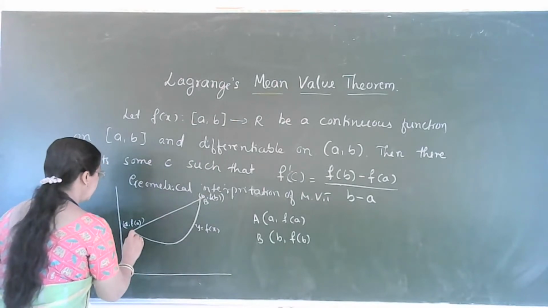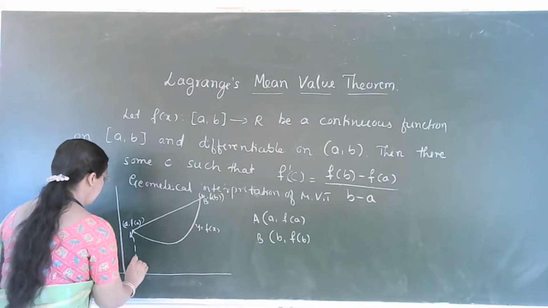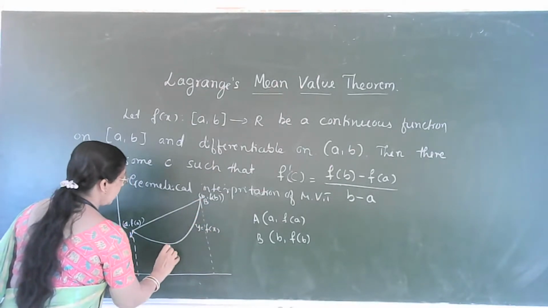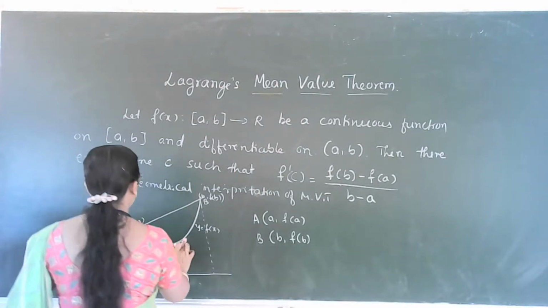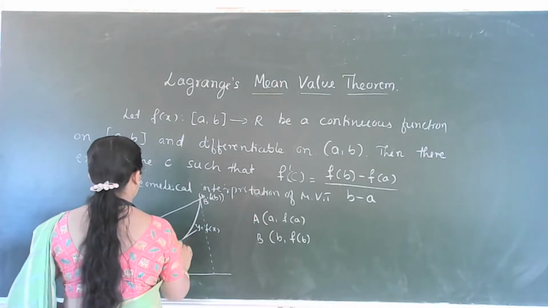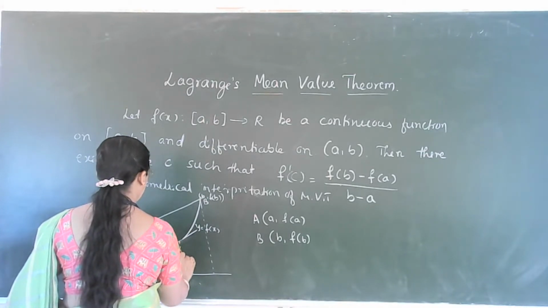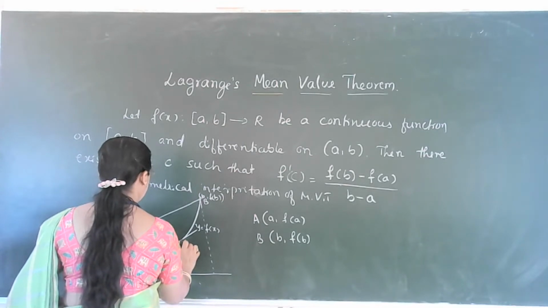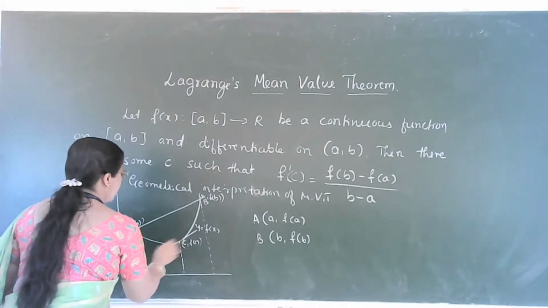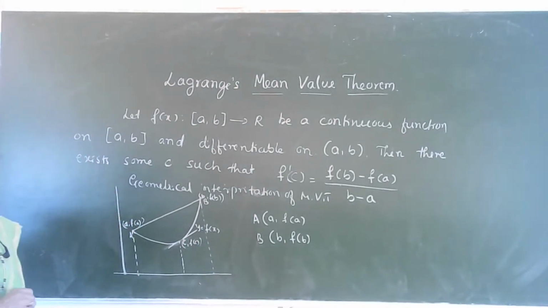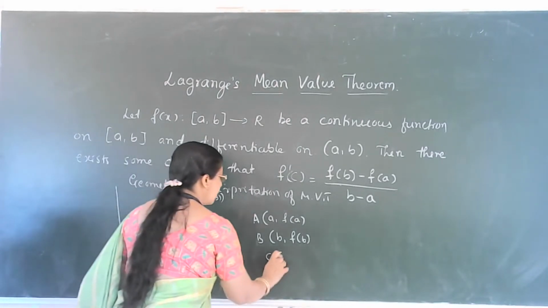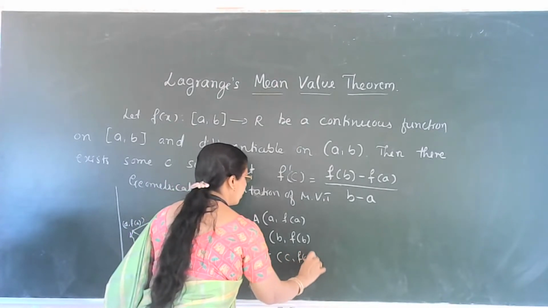Then we draw the tangent at C. At C, the coordinates are c, f of c.